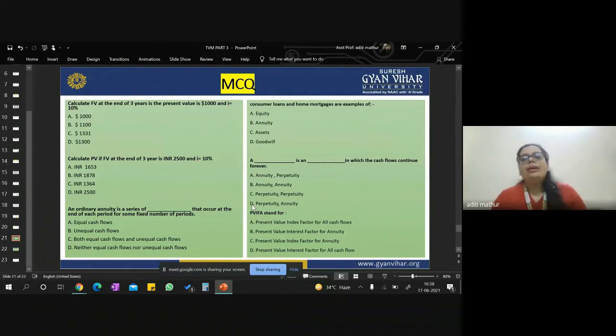So let us have a quick self check by solving the MCQs. I have a total of 10 MCQs. This slide comprises 6 MCQs.